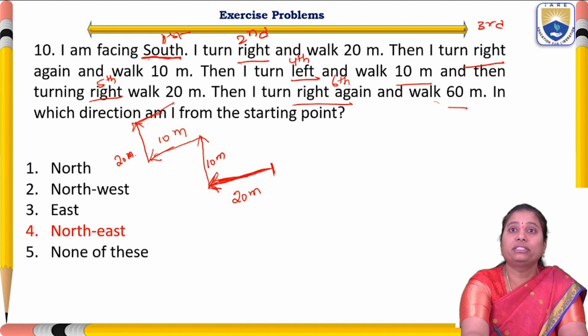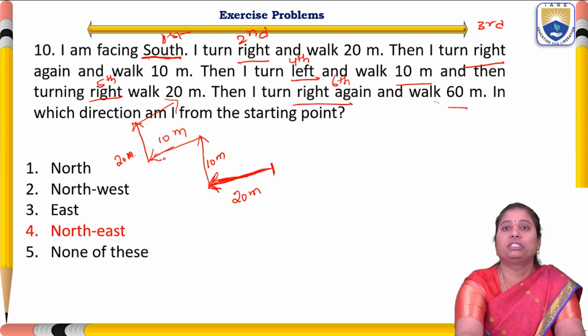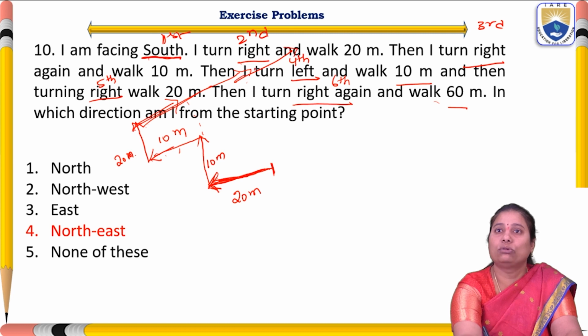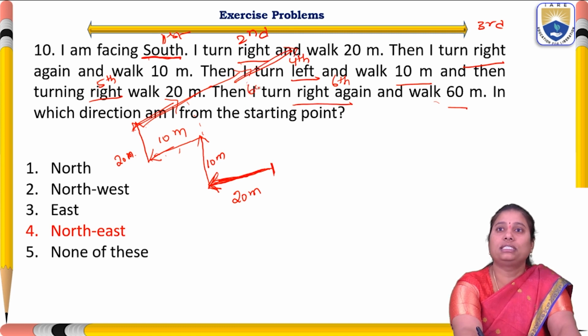North to the right means he goes to the east direction and walks 60 meters, which is more than the 10 and 20 here, so he goes this 60 meters.